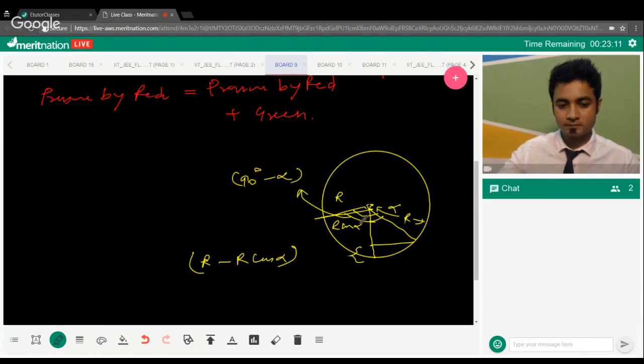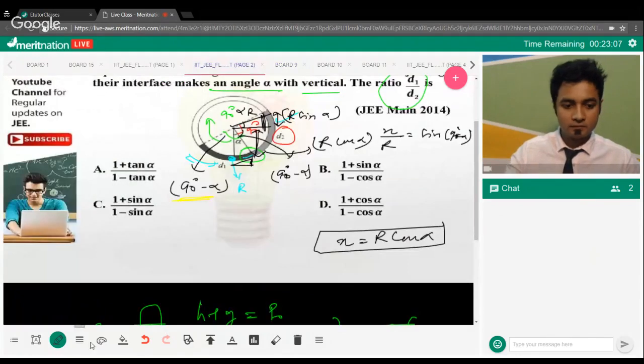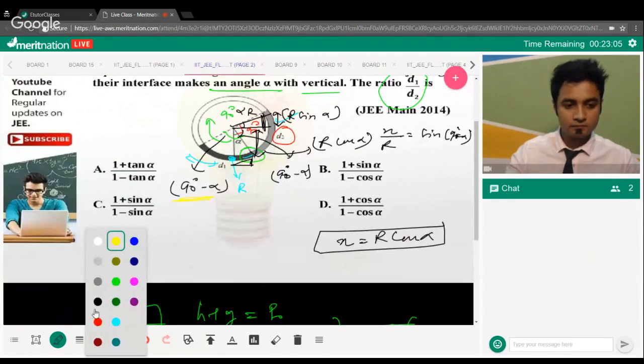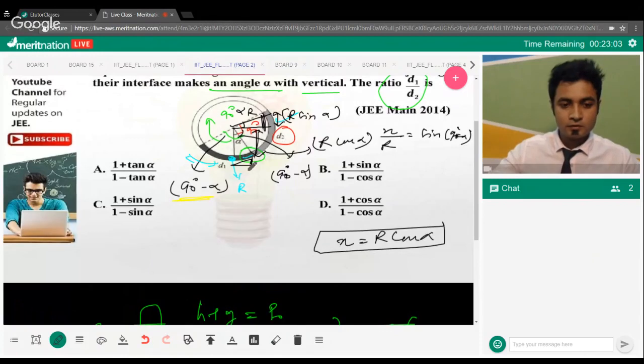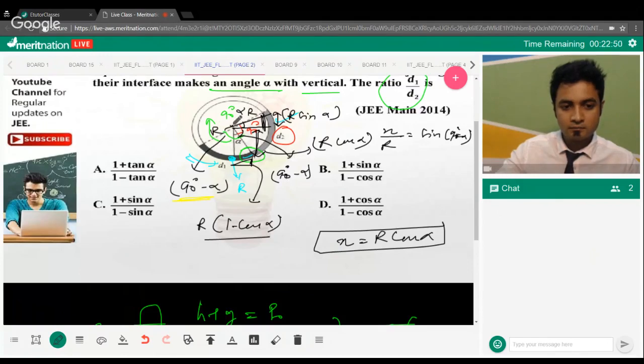Yes, so this height has become r(1 minus cos alpha), and this will become 90 minus alpha. So here the height, this is r.